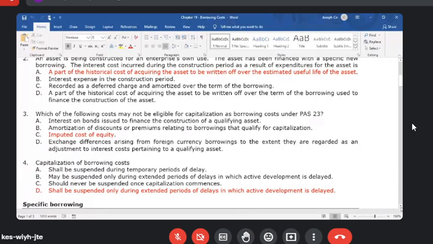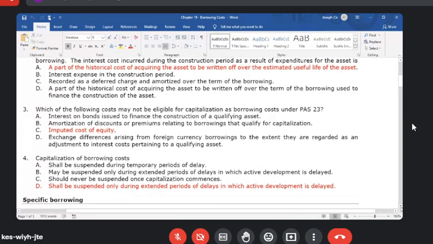Imputed cost of equity, kasi related po siya sa equity. Next is number 4. Capitalization of borrowing costs shall be suspended only during extended period of delay in which active development is delayed.